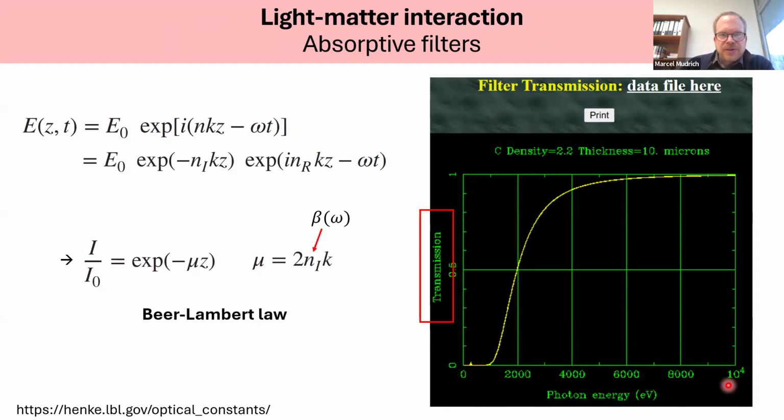That was the refractive part of N, but N also has this imaginary part, the Ni, which if you place into the typical wave equation, we arrive at Beer-Lambert's law for absorption or extinction of incident intensity.